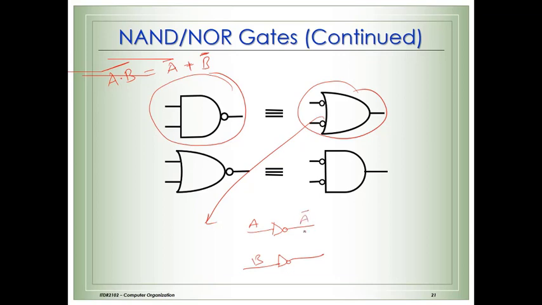You will get A naught here, B naught here, right? Then pass them through an OR gate, correct? So what you will get is A naught or B naught, correct? This is De Morgan's theorem, means NAND is equivalent to 2 NOT and 1 OR gate.